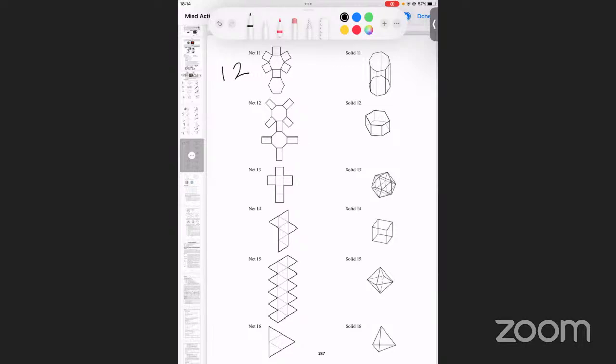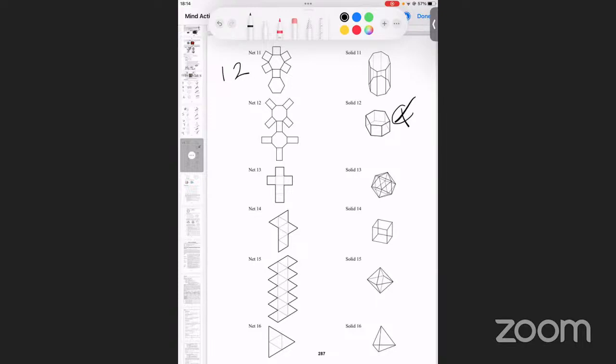And what do we call this shape? Ma'am, I forgot. Is it an octagon or something? It has 6 sides. Do you see that?